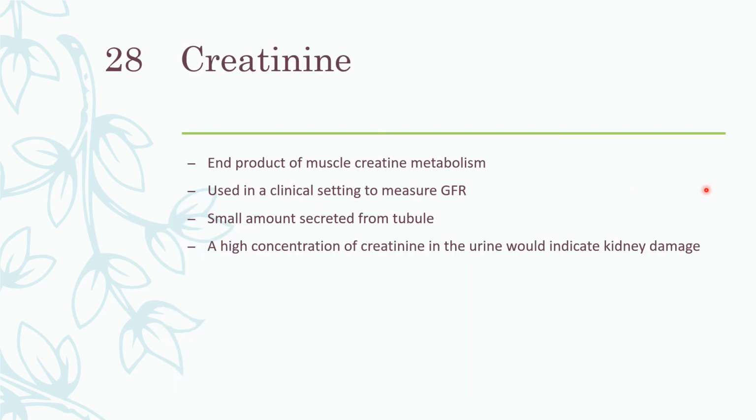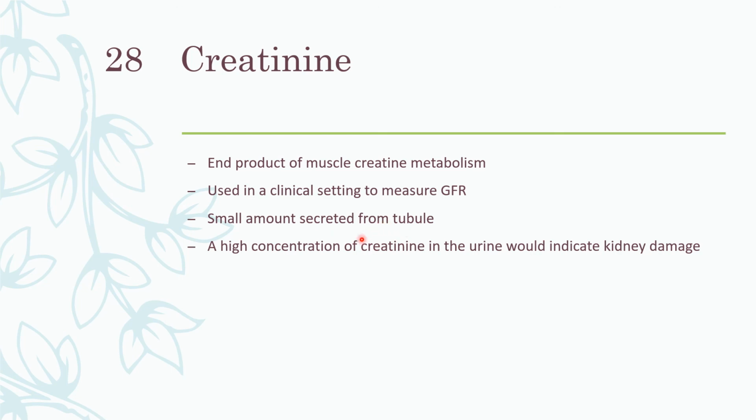Okay. Creatinine. So I was going to talk more about it. Again, different than creatine, but it is very closely related. It is the end product of muscle creatine metabolism. And this is actually used in a clinical setting to measure our glomerular filtration rate. So we want to have a small amount secreted from the tubule.